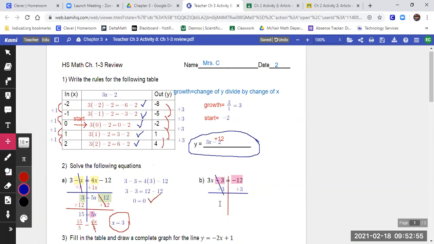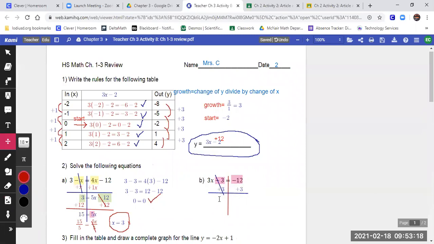What's left on the side that had the 3? What got left behind? The 3x, yeah. Okay, so 3x got left behind.